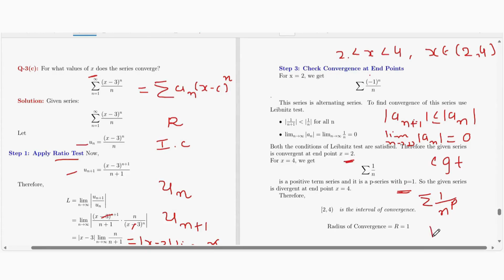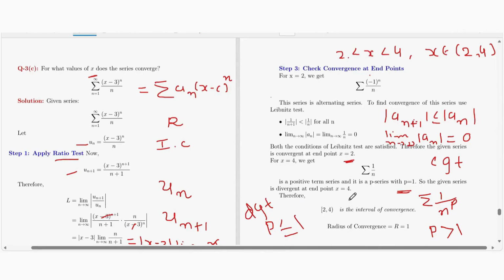If p is greater than 1, then the series is convergent. And if p is less than or equal to 1, the series is divergent. Got it? So here we get p equal to 1. So p is less than or equal to 1, then the series is divergent. So we conclude the given series is a divergent series.